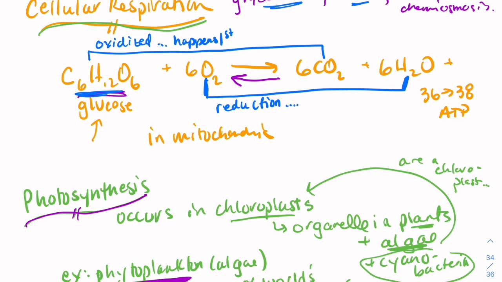And the reduction, oxygen taking on all those protons and electrons after chemiosmosis made a ton of ATP for the cell, happens way at the end, so it happens last in aerobic cellular respiration.